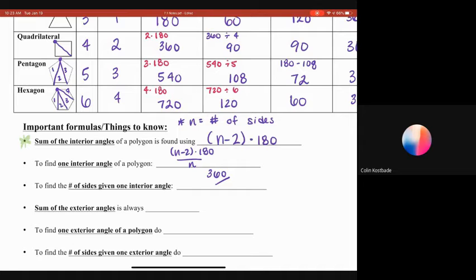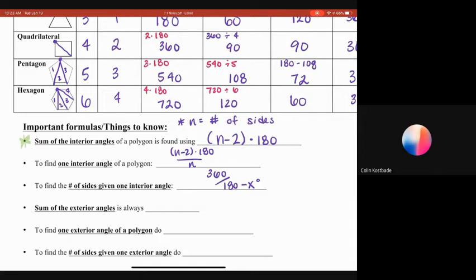Once you know the interior, you can find the exterior by subtracting from 180, right? So what you actually do is 360 divided by 180 minus x, where x is the degrees you're given. If it helps, you can put a little degree symbol.